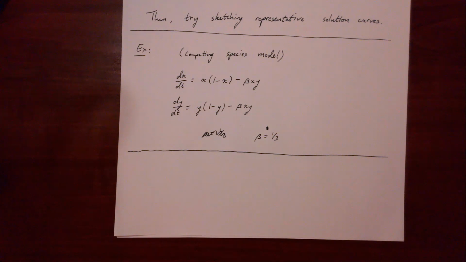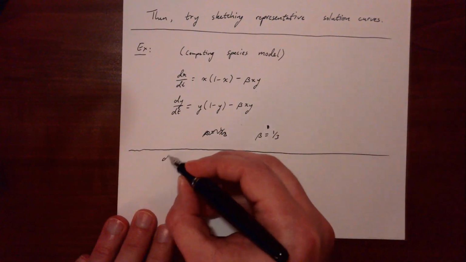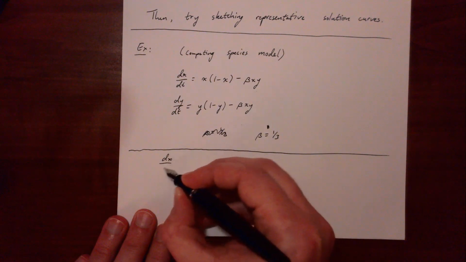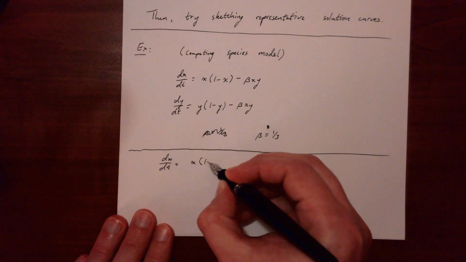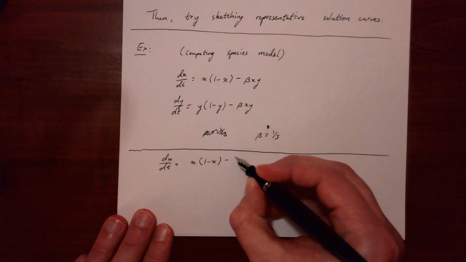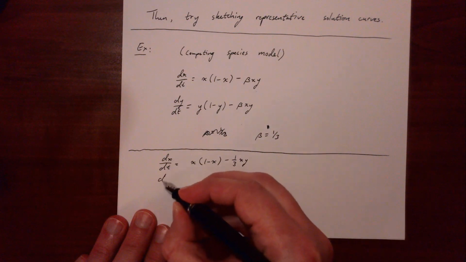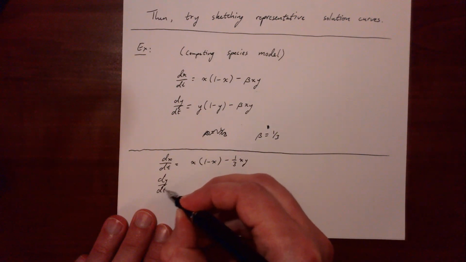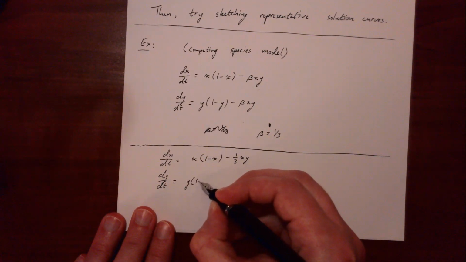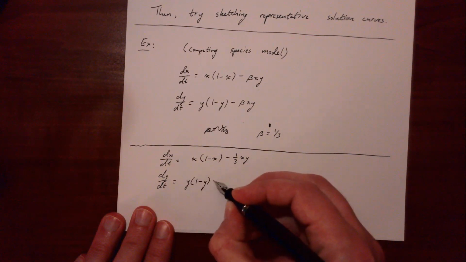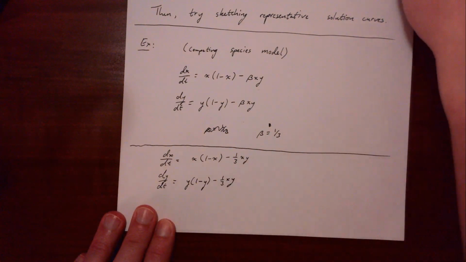All right, so in other words, dx/dt is in reality x times (1 minus x) minus 1/3 xy, and dy/dt is going to be y times (1 minus y) minus 1/3 xy. All right, so be it.